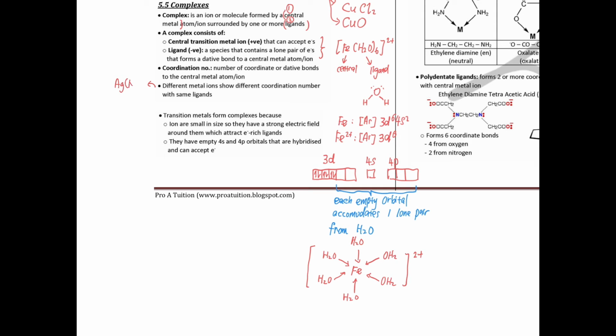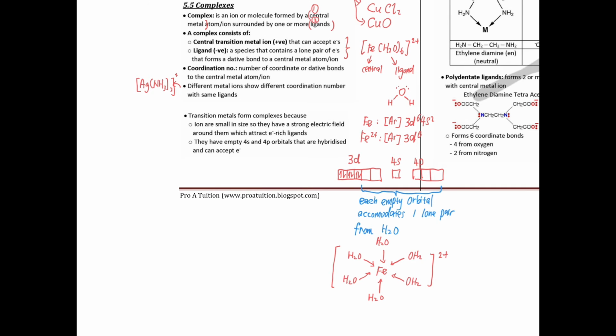Let's say for example, silver can form 2 dative bonds with ammonia. Of course, the silver here is the central metal, and the ammonia there is the ligand. When it comes to cobalt, ammonia, 6 of them.